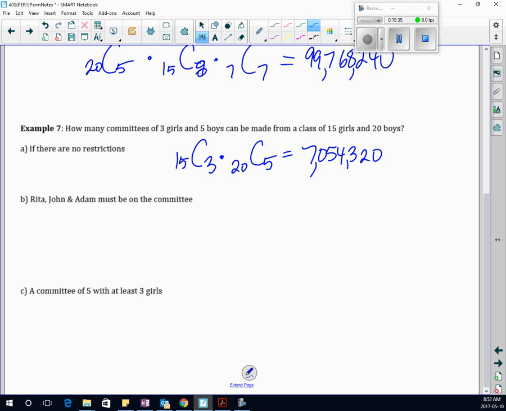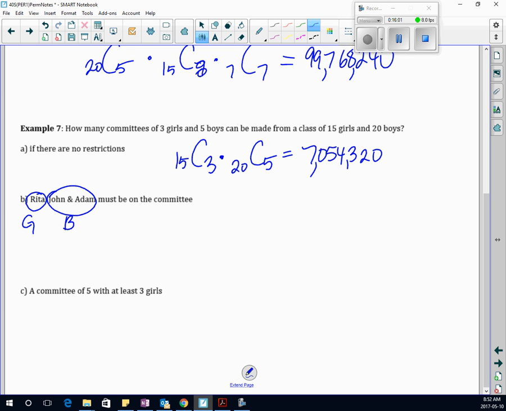Okay. So now, Rita, John, and Adam must be on the committee. I guess they run the show, so they have to be on the committee. So now, how am I going to get a committee of 3 girls and 5 boys? So Rita is a girl, just in case you don't know, and John and Adam are boys.